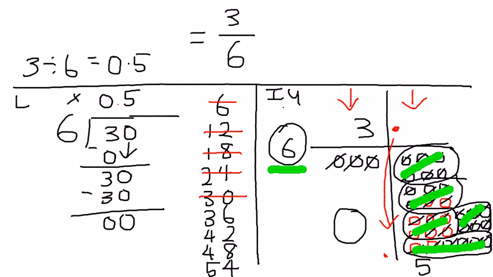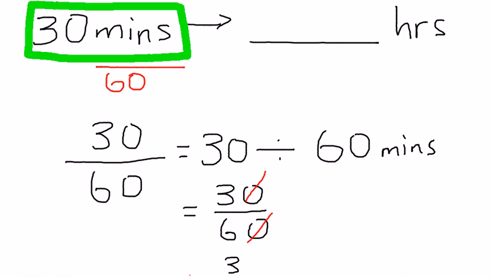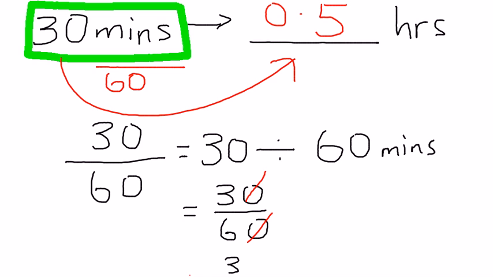Okay? So now, with your IU method, 3 divided by 6 would be 0.5. Okay? So your answer to change 30 minutes to hours would be 0.5 hours.